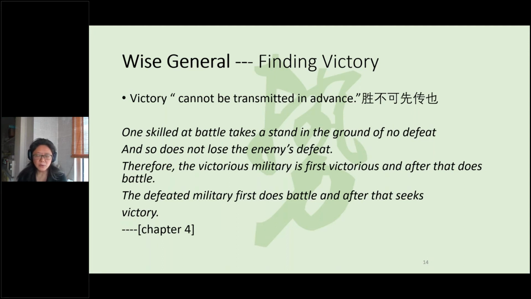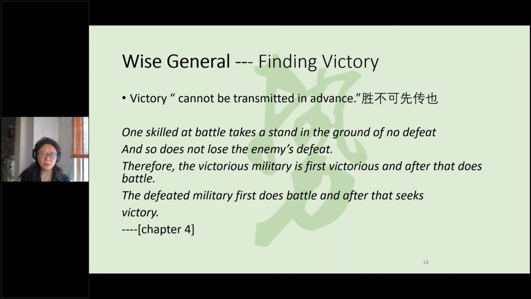And by knowing and employing shi, we will actually see the moment that victory presents itself, and that's the moment that we will take action and grasp the victory that we've been working for. So that's what he means by "therefore the victorious military is first victorious, and after that does battle."